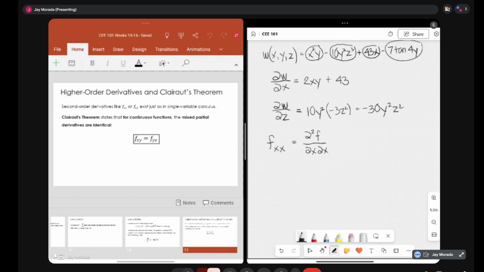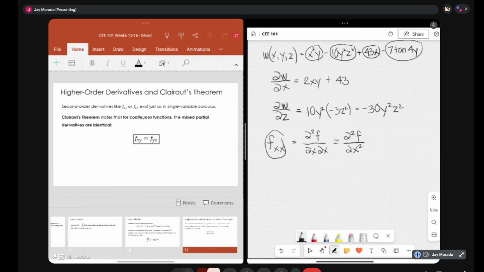I can also write it as the second partial derivative of f with respect to x. But this one is more compact, and that is the typically used notation.